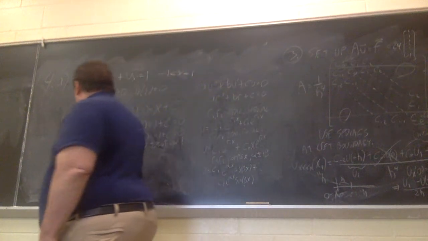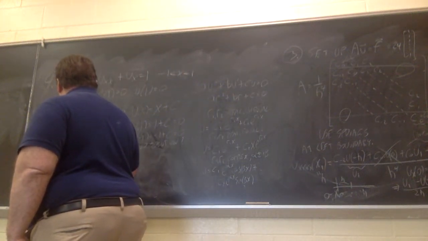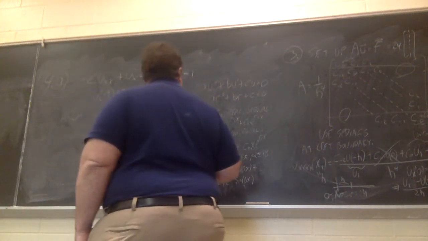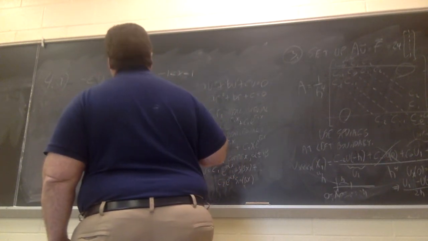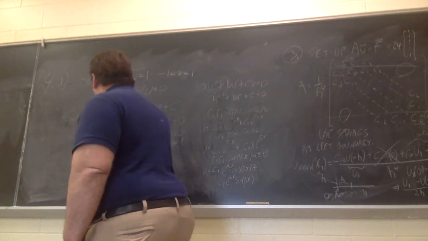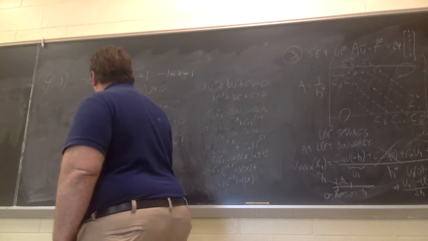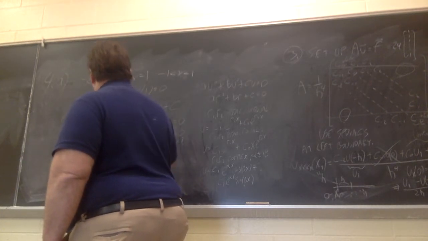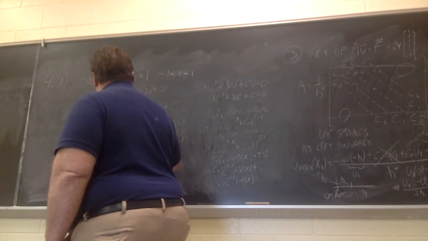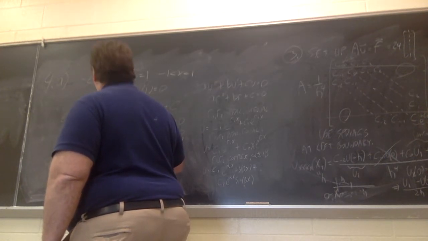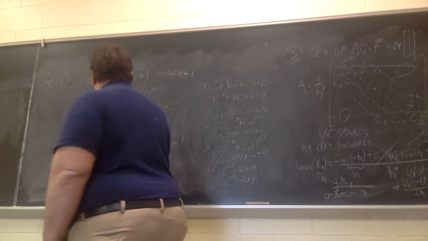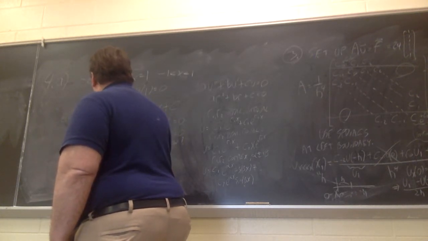So the roots R1 and R2: minus 1 plus or minus the square root of 1 minus 4 times A, which is minus epsilon, times C, which is 0, all over minus 2 epsilon.